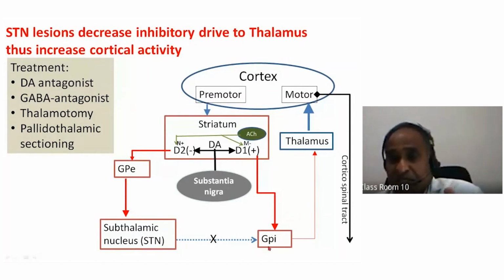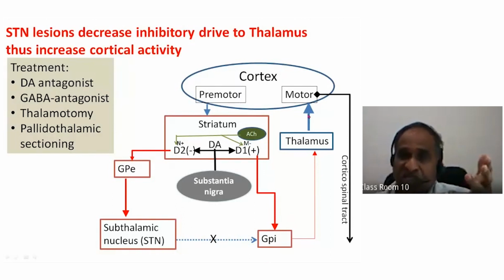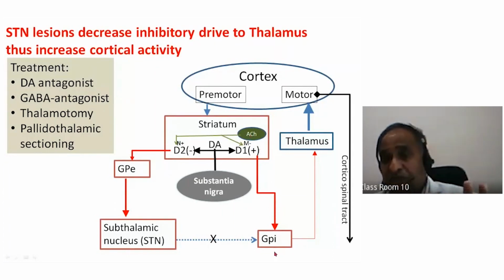And if this pacemaker activity suddenly reaches a firing level, it will produce those activities. So this type of behavior may be because of the oscillations. Anyway, the main issue is the inhibitory impulses reaching the thalamus from GPi are diminished.